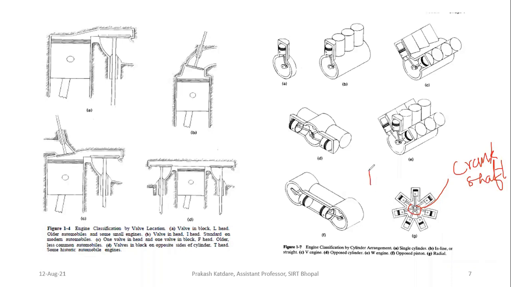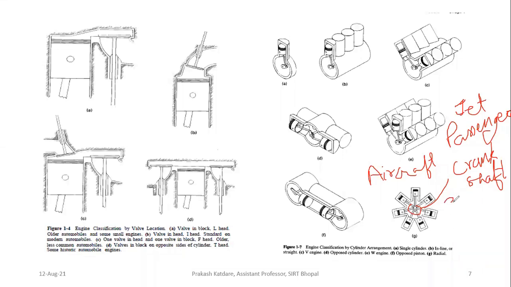These are most common in aircraft, more specifically the passenger aircraft which we see. These types of aircraft have such radial engines.